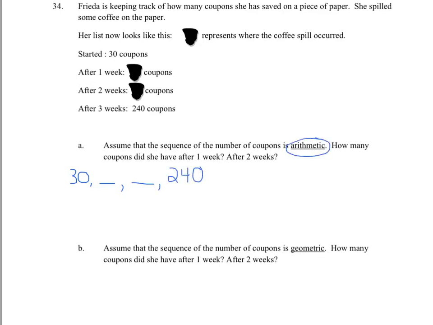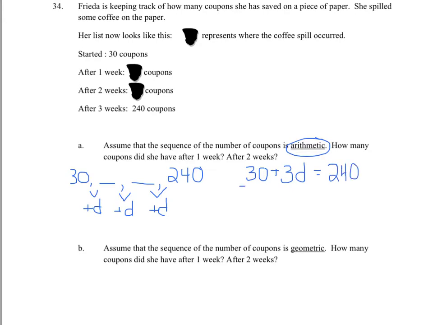Since this is arithmetic, we are adding D each time, which means 30 plus D plus D plus D is going to equal 240. So 30 plus 3D equals 240.